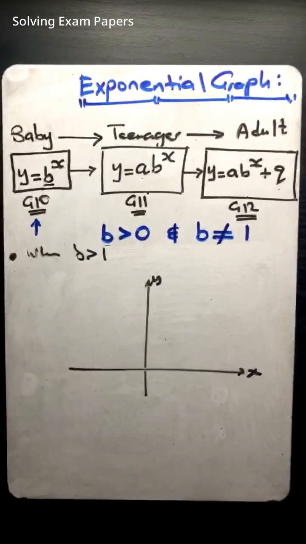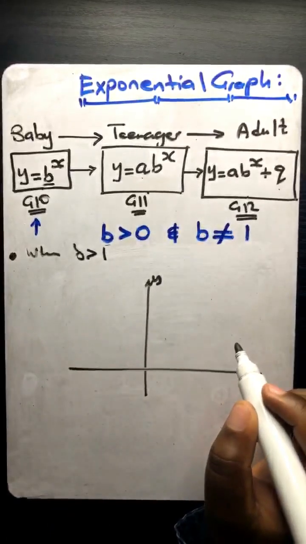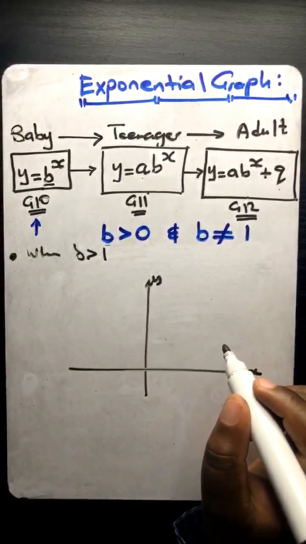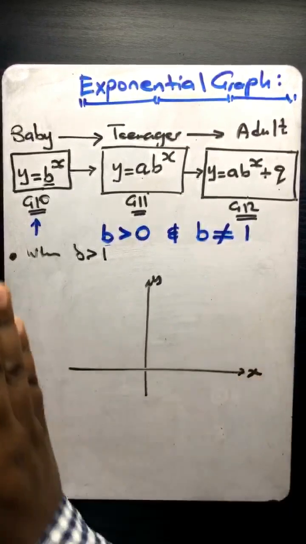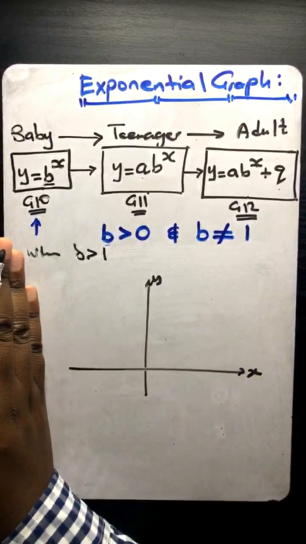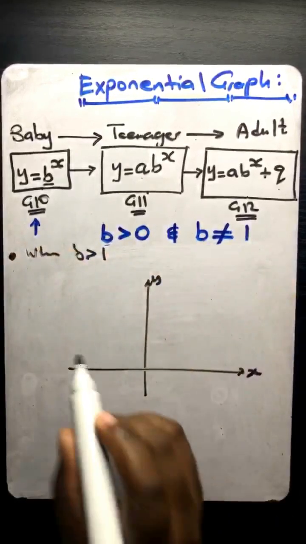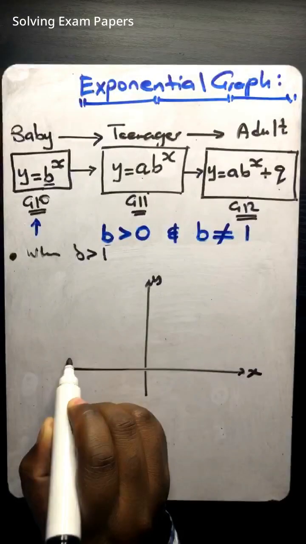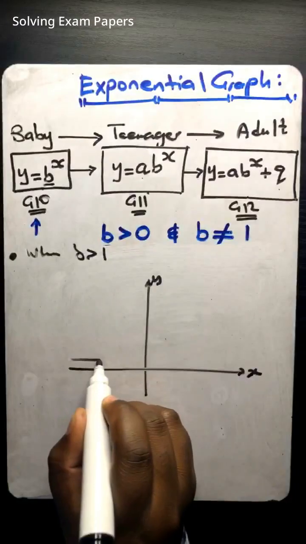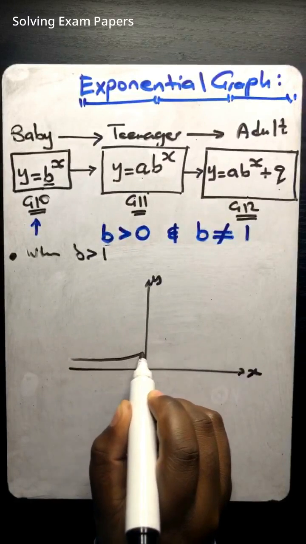So an increasing function looks like this. When we sketch a function, we always start from the left towards the right. Can you see, starting from the left, am I increasing or decreasing when I draw that function in that direction? You can see it's increasing.